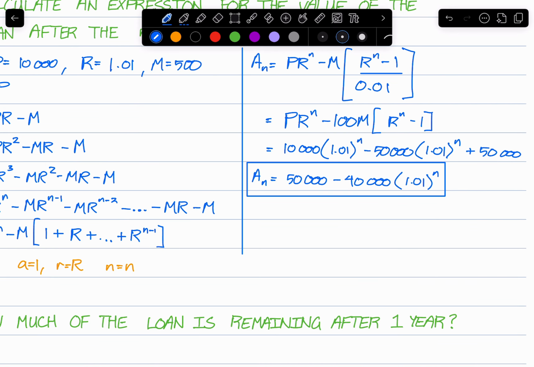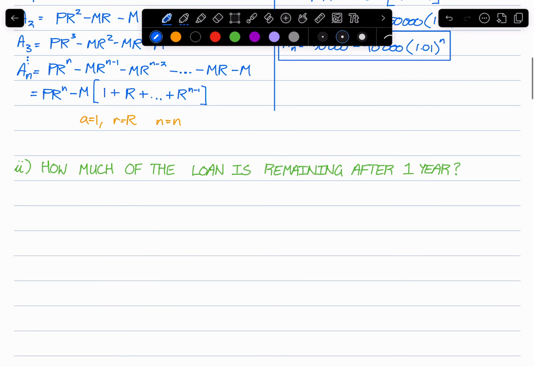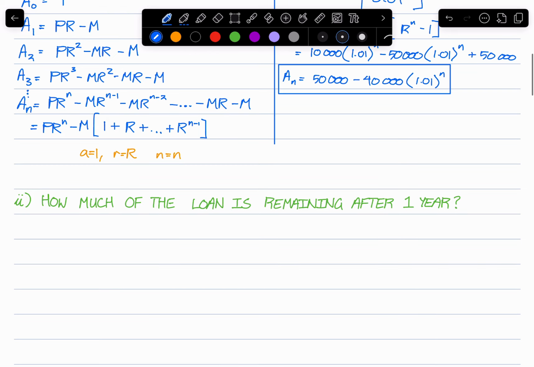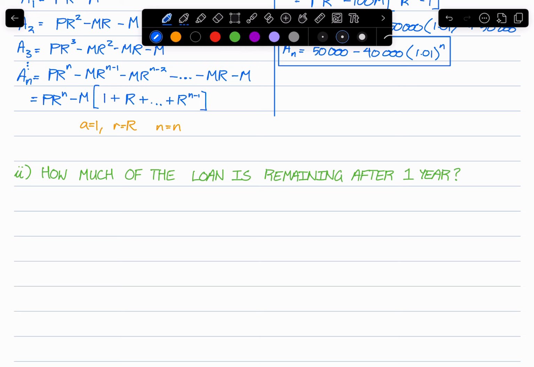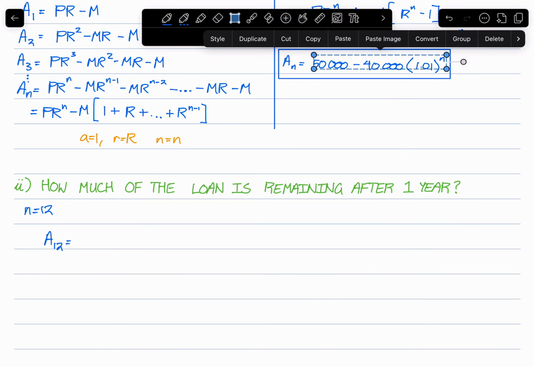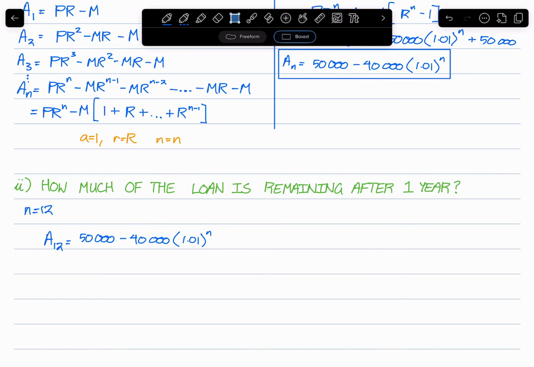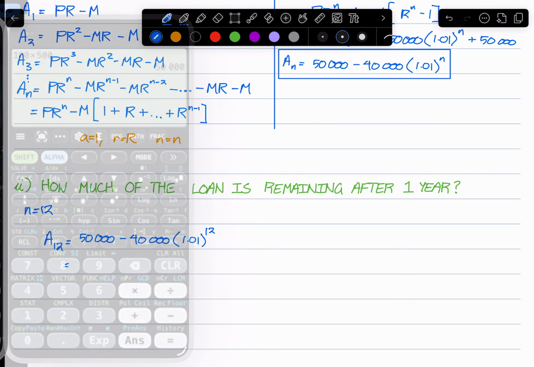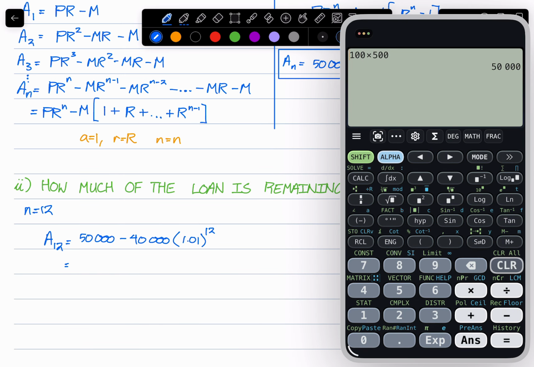Now that we have this, the question simply becomes how much of the loan is remaining after 1 year. Well, 1 year is 12 repayments, so n equals 12. So we can simply substitute: A of 12 equals, grabbing a calculator here, 50,000 minus 40,000 times 1.01 to the power of 12.